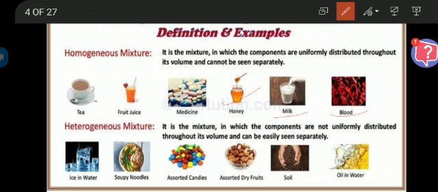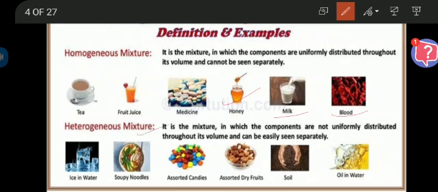They are uniformly distributed mixtures, so they are known as homogeneous mixtures. So what is a heterogeneous mixture? It is the mixture in which the components are not uniformly distributed throughout its volume and can be easily separated. This is the total opposite of the homogeneous mixture.